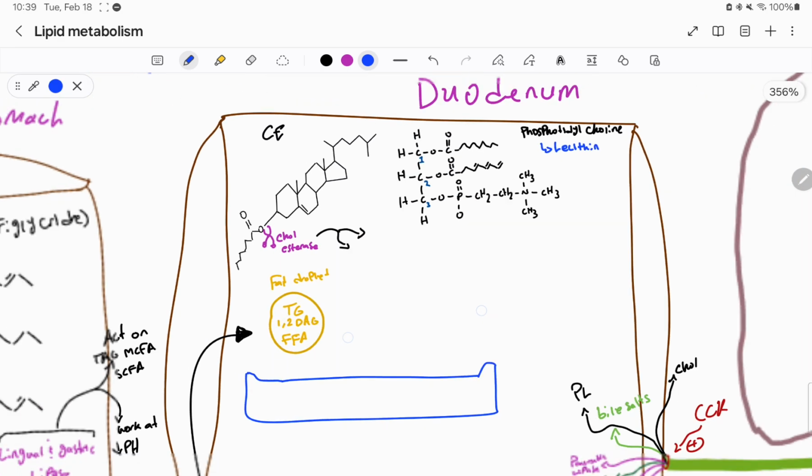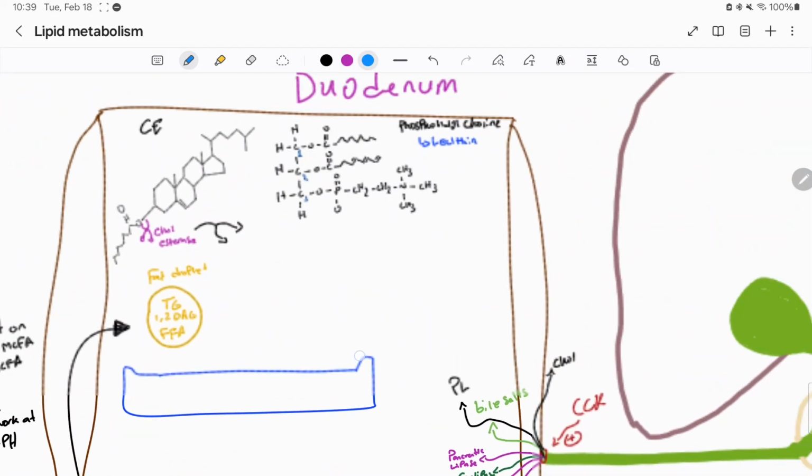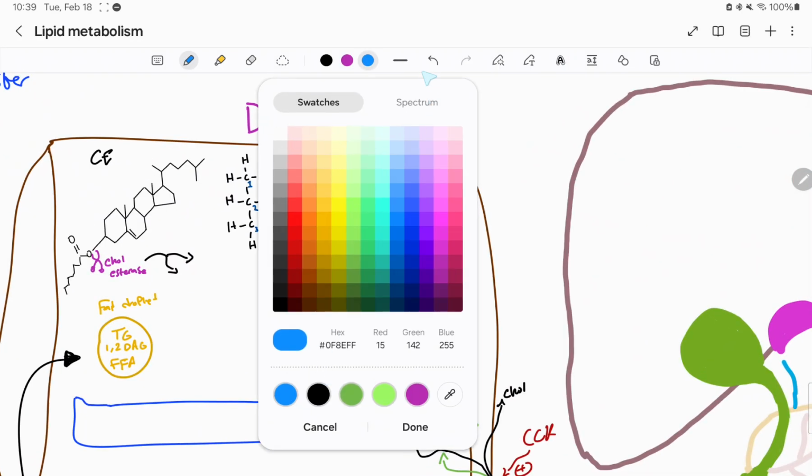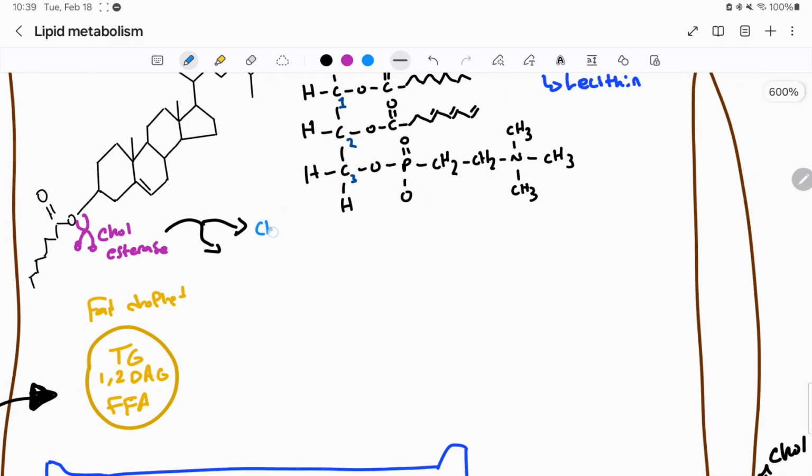Let's keep consistent with the colors, just to make it pretty for you. You're going to get a free fatty acid and a cholesterol molecule. Awesome.